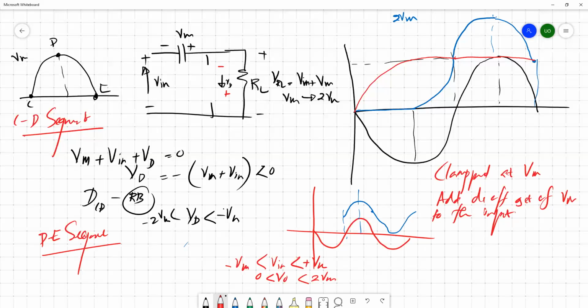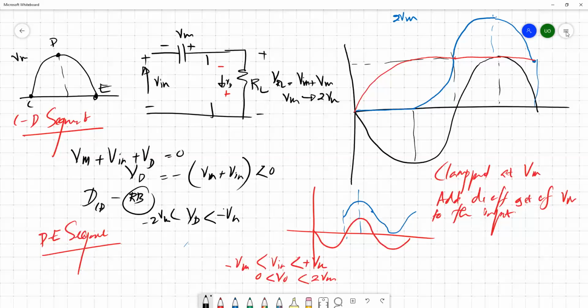Like in the previous case, we considered A to B and B to C segments separately for the negative cycle. Similarly, for the positive cycle, we consider the two segments C to D and D to E separately. Otherwise we may miss some important facts inside the circuit.